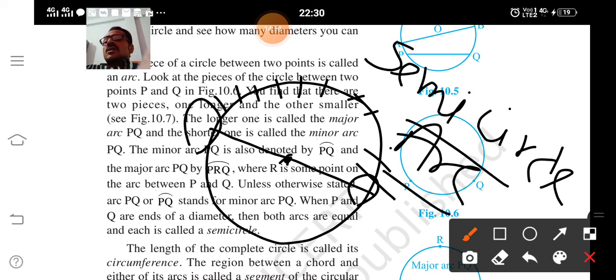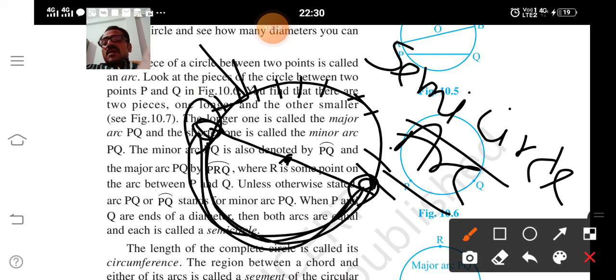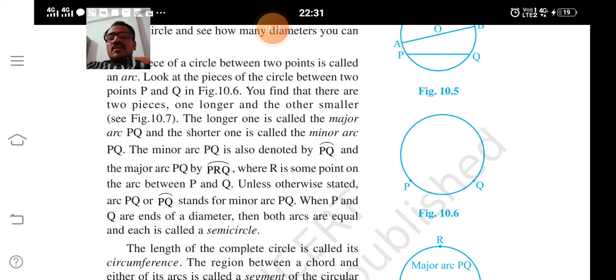Okay, the arc which is formed from the end points of a diameter is called a semicircle arc. See, it is not necessary that only the upper part is called the semicircle arc. The down part also can be said to be a semicircle arc. Clear? So this is all about the arcs.